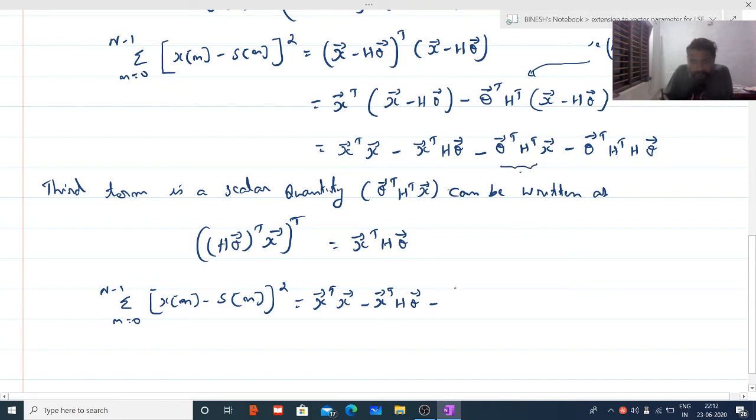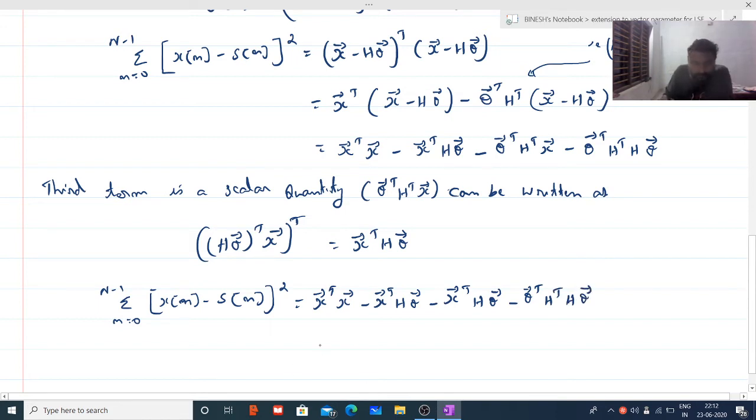So that is given by x transpose h theta. Write that result, that minus x transpose h theta, x transpose h theta, and the last term is nothing but theta transpose h transpose h theta.